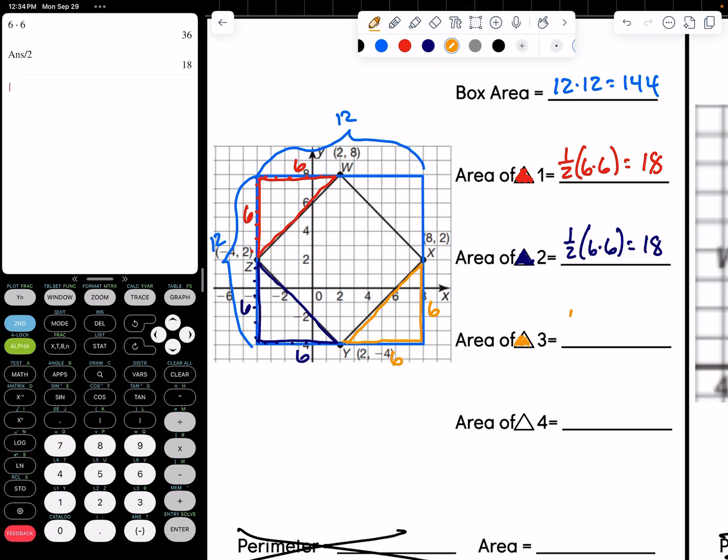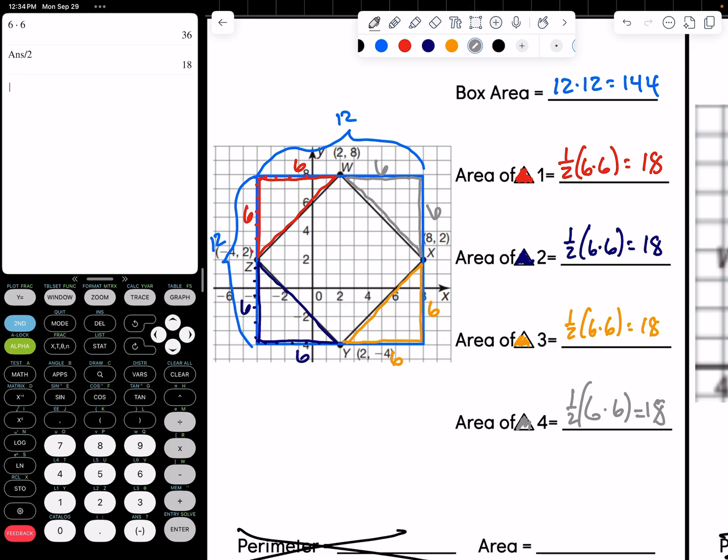So our orange triangle, 1/2 times 6 times 6. And then our gray triangle is also going to be 1/2 times 6 times 6. That's going to equal 18.